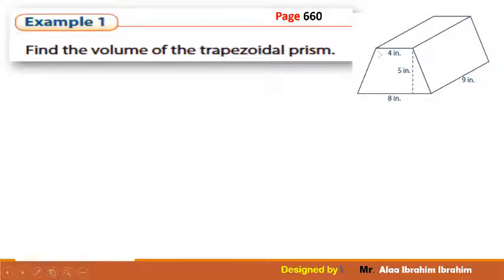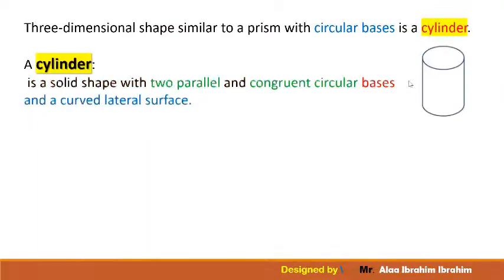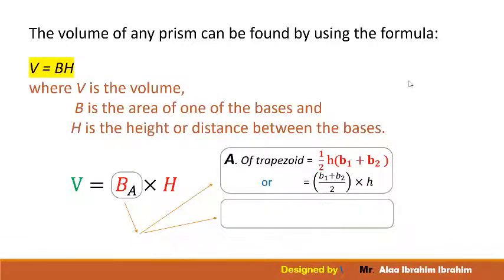So I have to find the area of a trapezoid because this is my base. If I return again to my rule, if you remember this rule, I have to deal with this form because my base is a trapezoid. So I change this B with this rule. Remember this rule, okay?